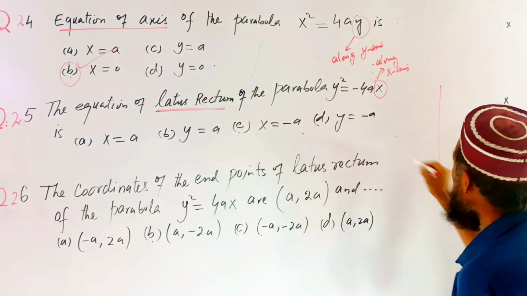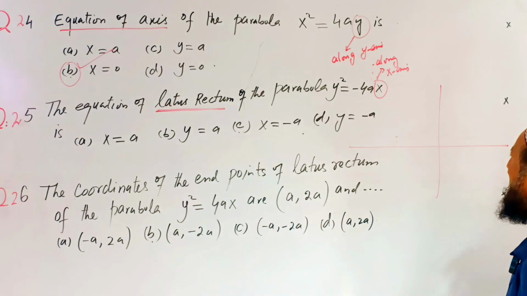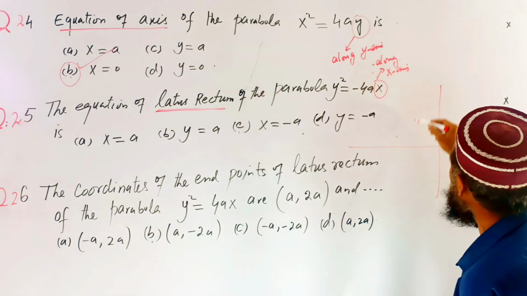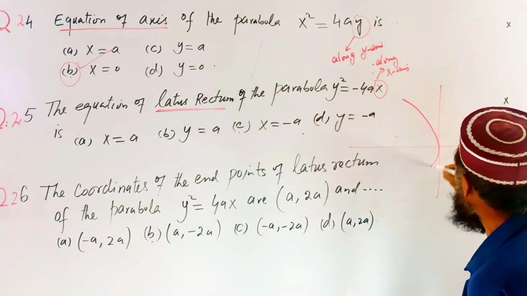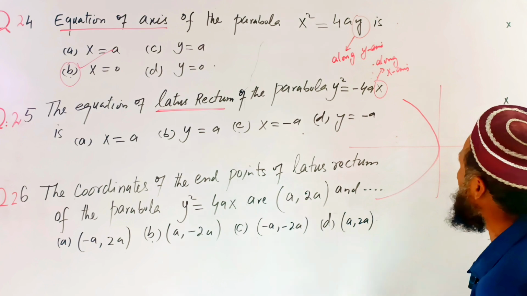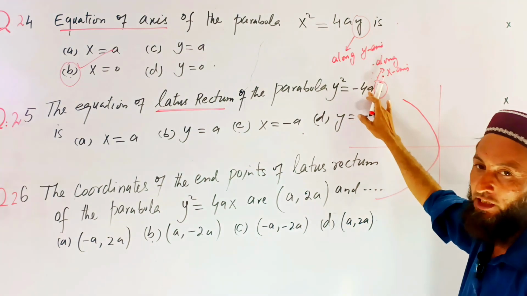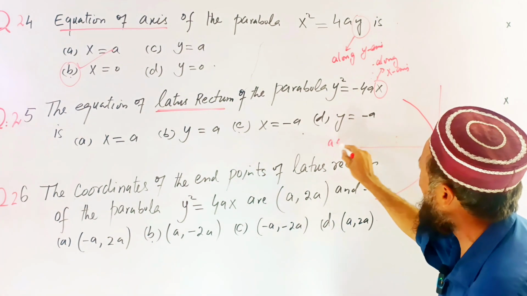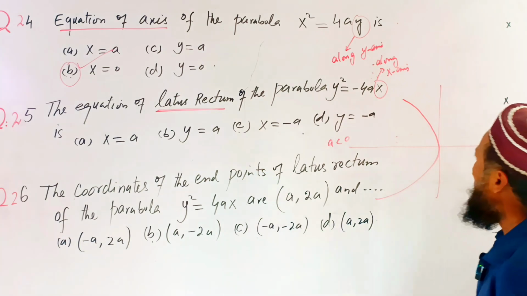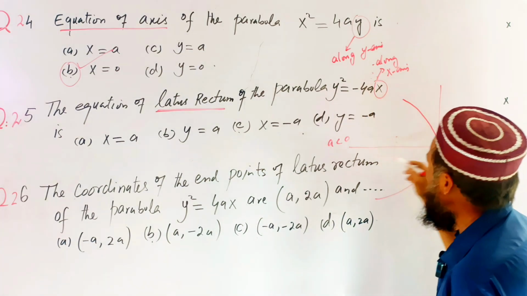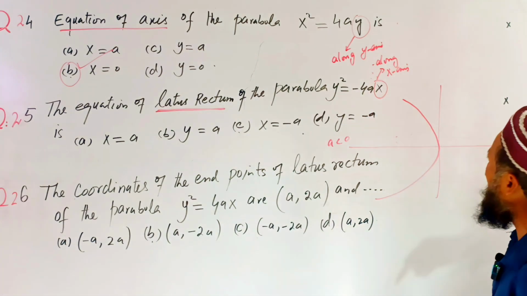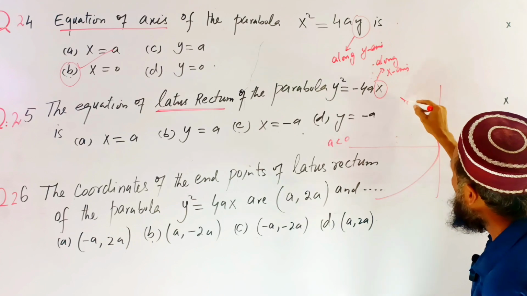And here is a negative value also. So parabola is on the left side because here 4a is less than 0. So the negative sign shows that the parabola is making along the left side.